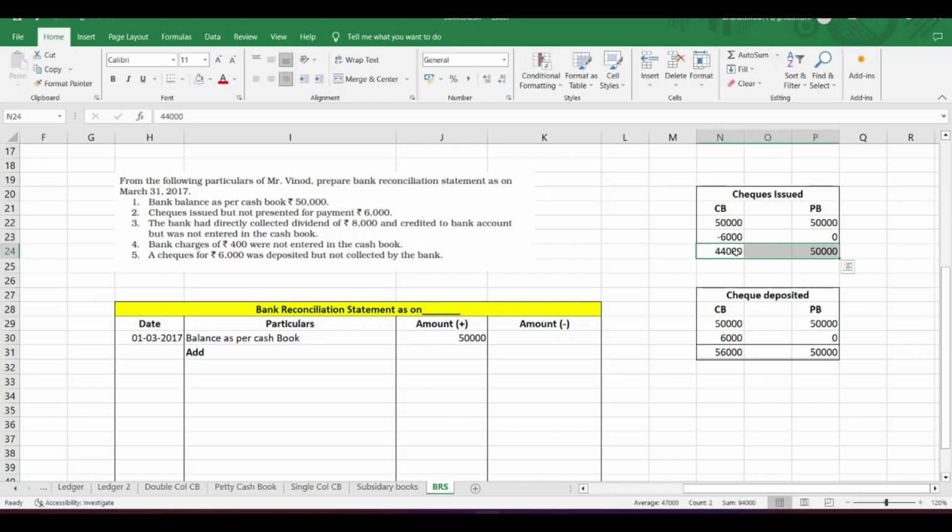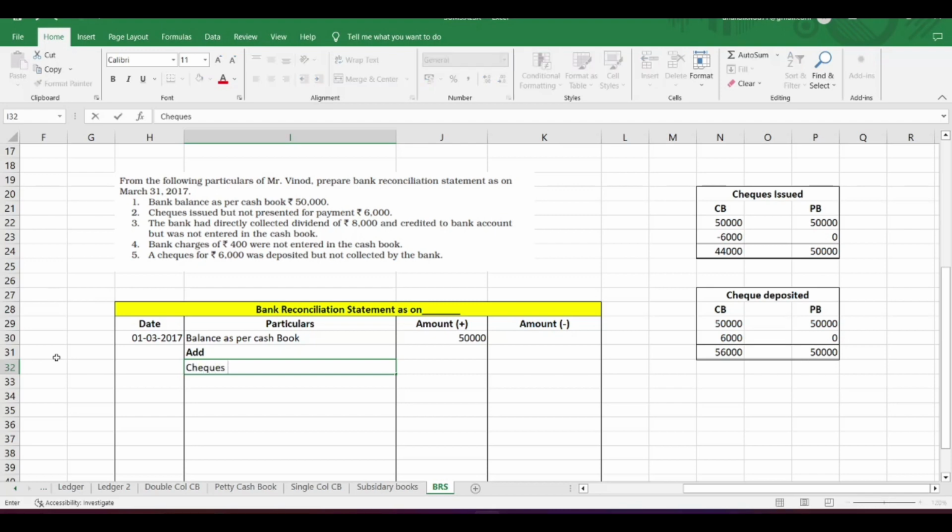We have deducted the balance well in advance from our cash book, but there is no transaction for the same in our passbook. In that case, what we have deducted, we will add it back again to bring to tally both the balances.